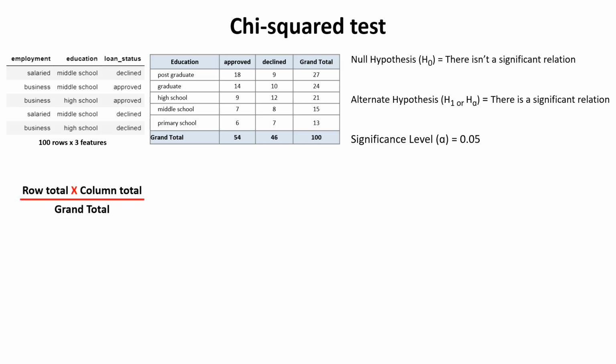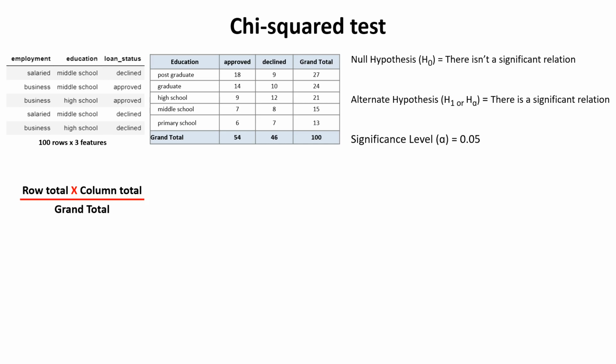Now, first of all, when we are proceeding with calculating the chi-square, we need to have an expected value for this observed value. This table which you are seeing is the observed values or observed table. We need to create another table which has the expected values.